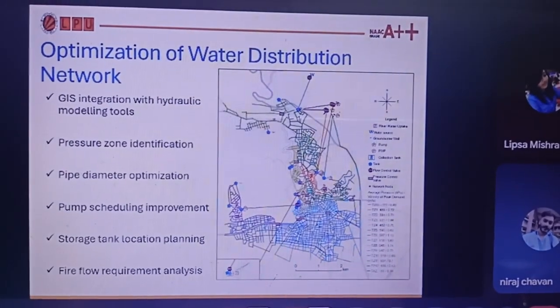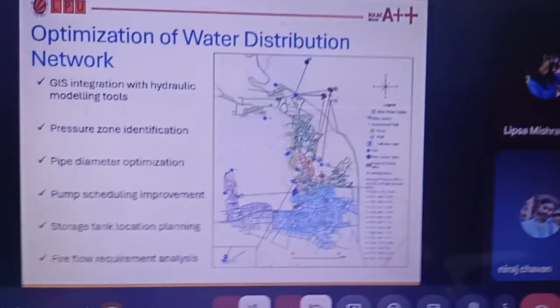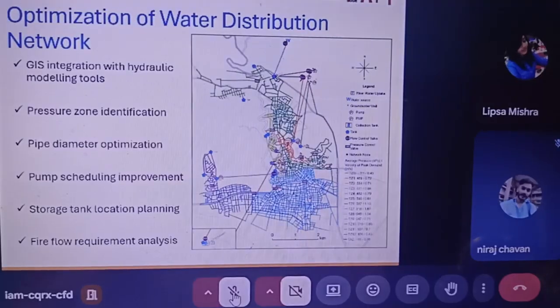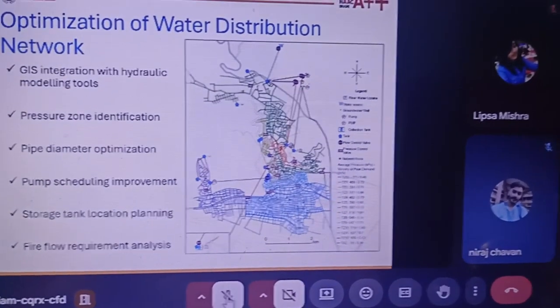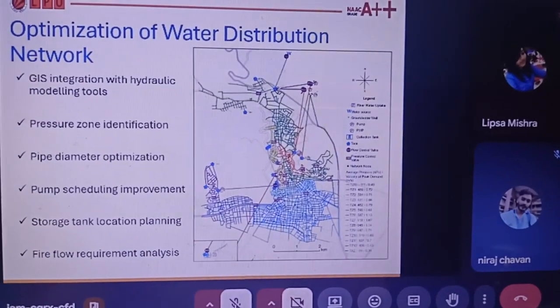So if I am an administrator and I am the admin of the whole system, then I have a SCADA system, which is your supervisory control and data acquisition system. So I'm sitting here and I'm seeing at which house pressure is low at this time, and accordingly I'll modulate, change it.